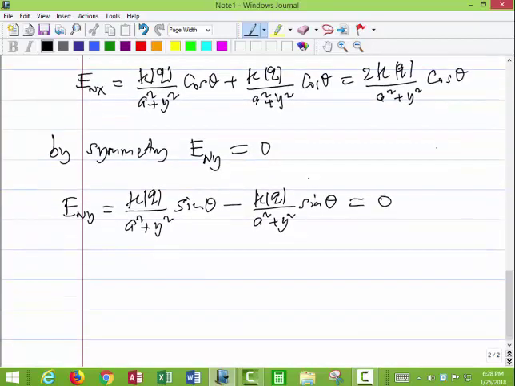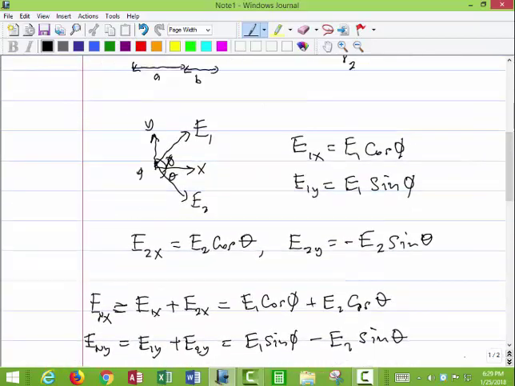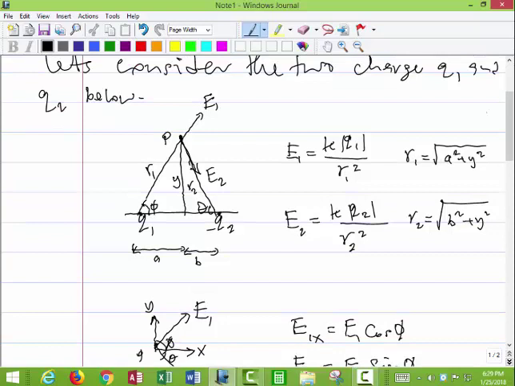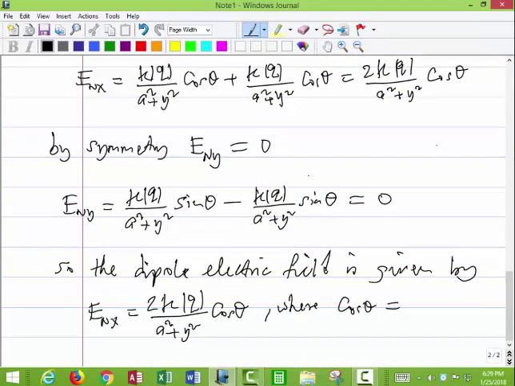So the electric field for the dipole is given by the X component, which is just going to be equal to 2KQ over A squared plus Y squared cosine theta, where we can say that cosine theta is equal to, from this geometry here, adjacent over hypotenuse, so A over R. So cosine theta is equal to A over R, which is A over the square root of A squared plus Y squared.